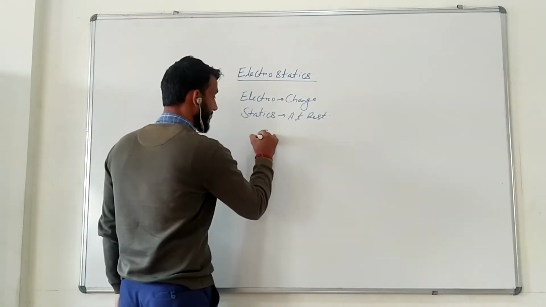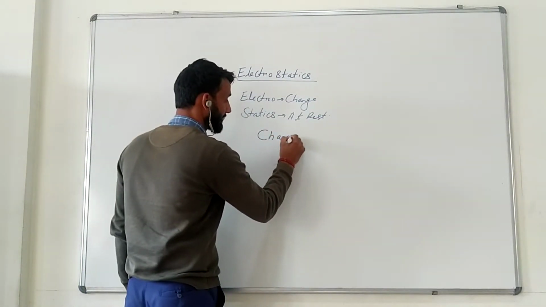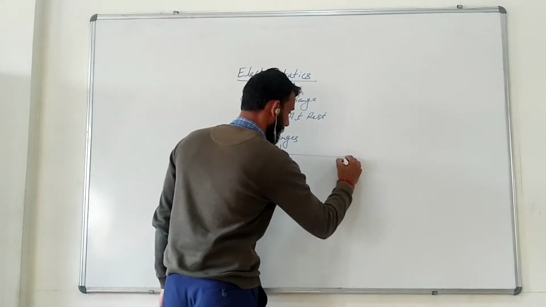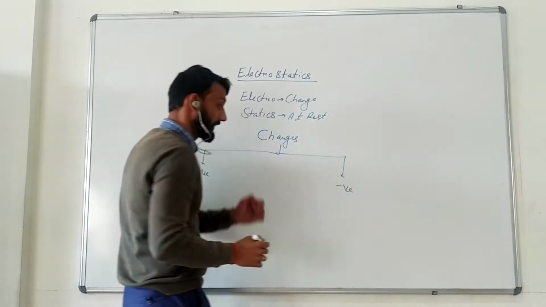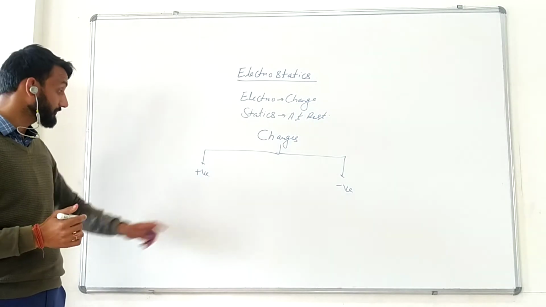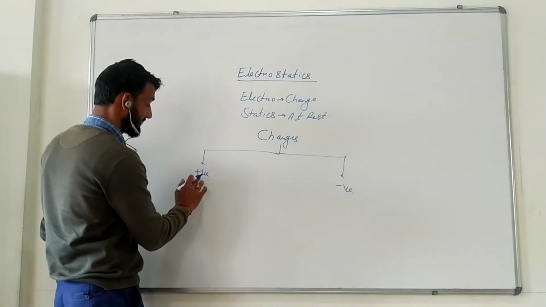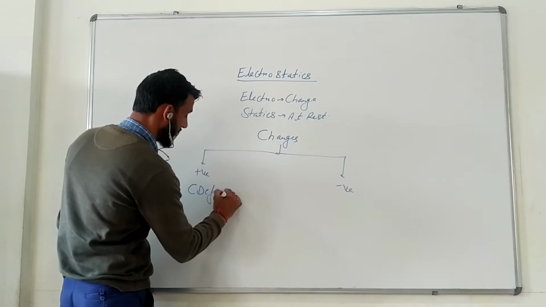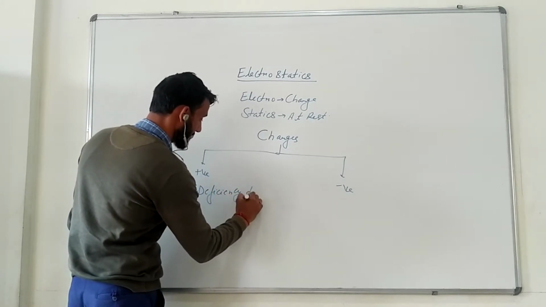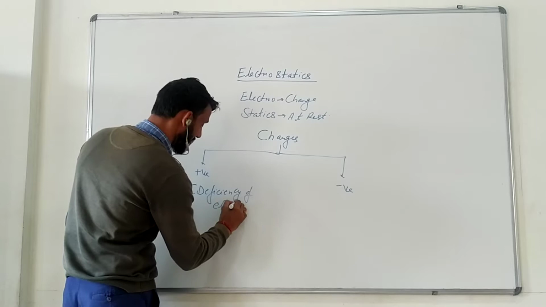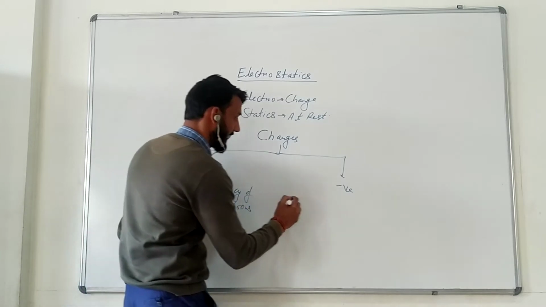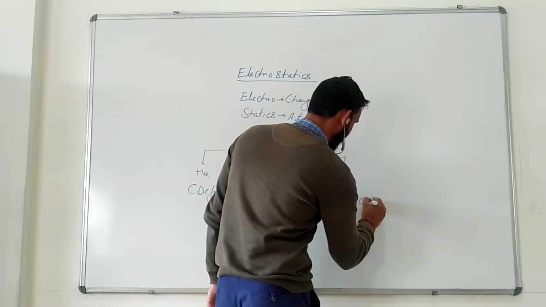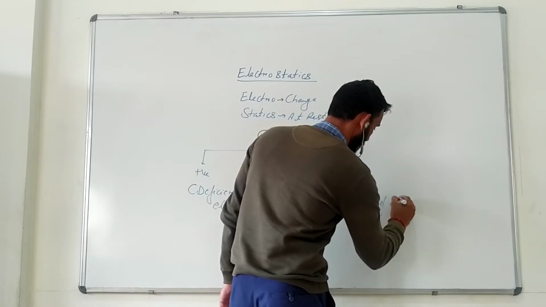We know that charges are of two types. One is positive, another one is negative. Whenever we say positive charge, we mean deficiency of electrons, and whenever we say negative charge, we mean excess of electrons.